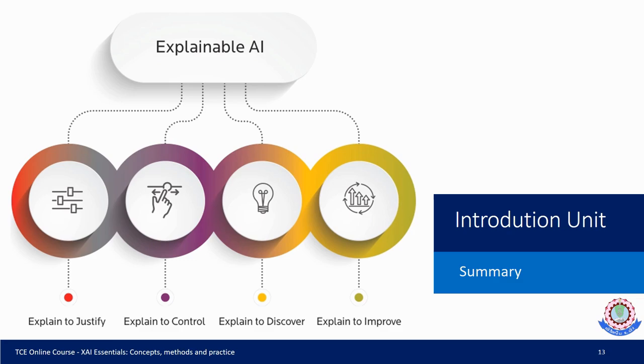I want to conclude by saying that explainable AI is used to explain why the AI made this decision, this justification, why it discovered these things from this data, why it needs to improve, or why it made this improvement.